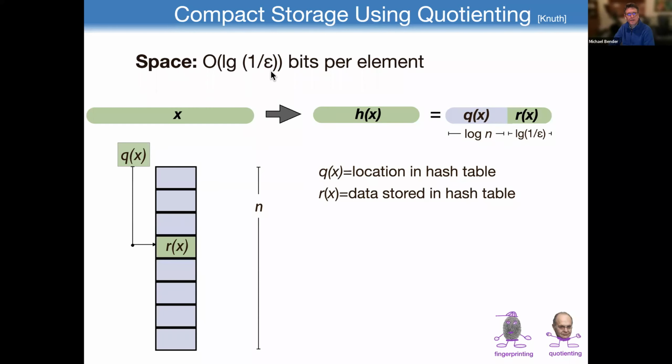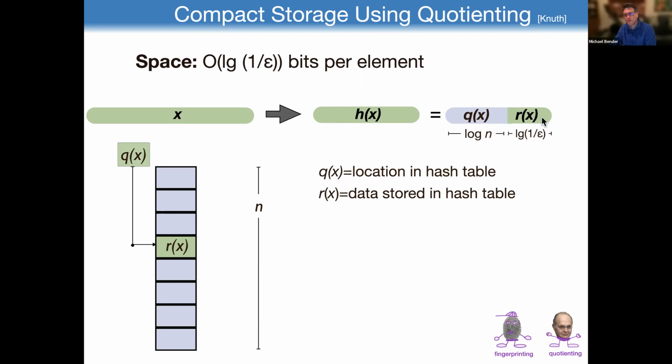So space, I'm going to explain how to get log of 1 over epsilon bits per element. And the way we're going to do this, remember we started with the element, then we got a fingerprint. And now we're going to divide the fingerprint into two pieces. Remember we said the fingerprint was log of n divided by epsilon. So that means there's a log n bits plus an additional log 1 over epsilon bits.